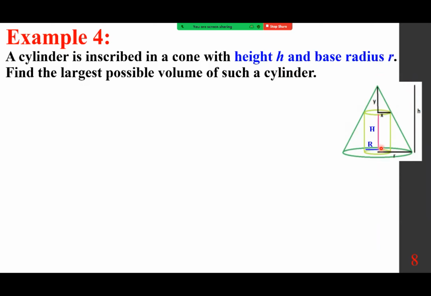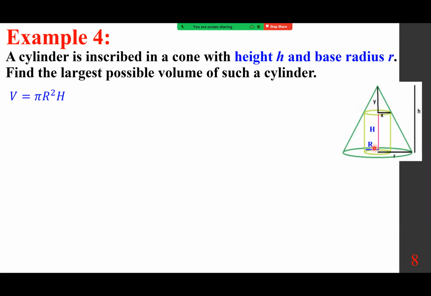So if we call capital H the height of the cylindrical shape, capital R the radius of the cylindrical shape, couple of things we should know. Again, the information from geometry, the volume is pi r squared h for the cylindrical shape, because we are looking for the volume.